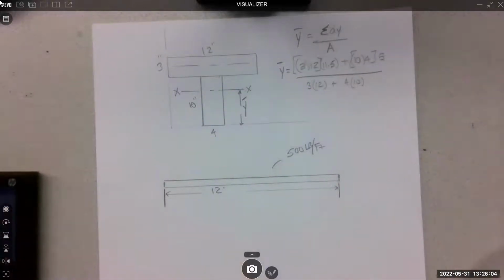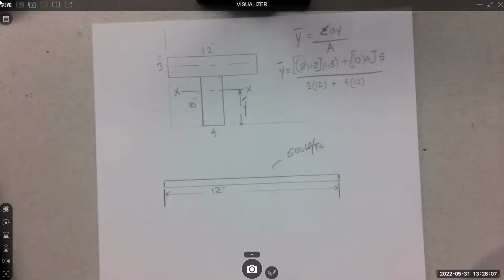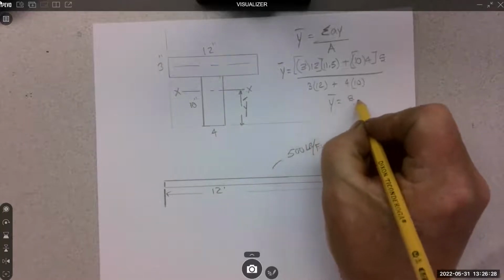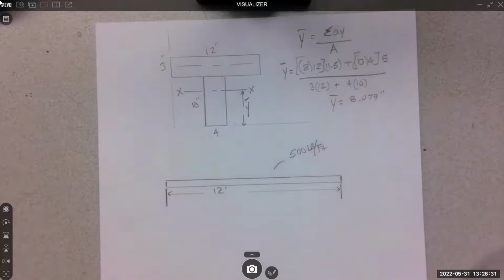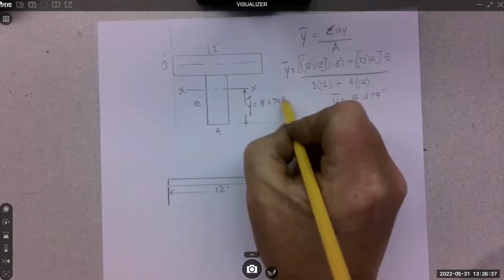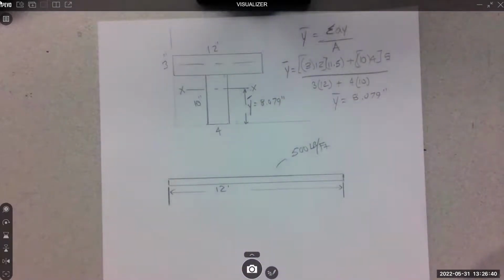All right, so now we crunch it. 8.079. So then you kind of look at that and you just want to say, hey, common sense says, yeah, that's kind of where it should be.